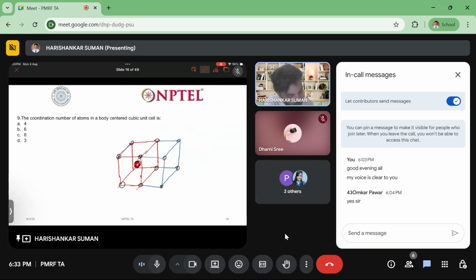This is at the body and also this is at the body. So which atom is nearest for the first red cube? If the atom is at the body, the distance along the x-axis is a by 2.